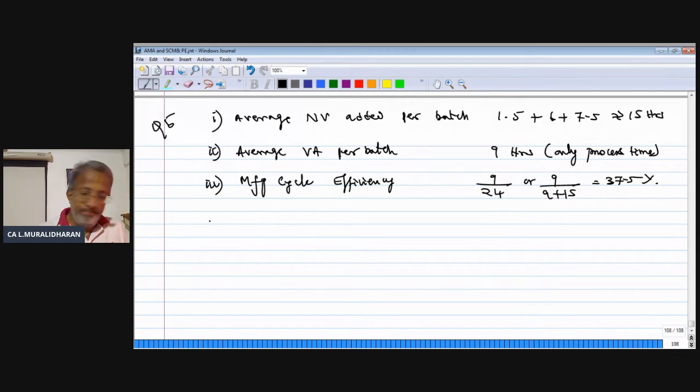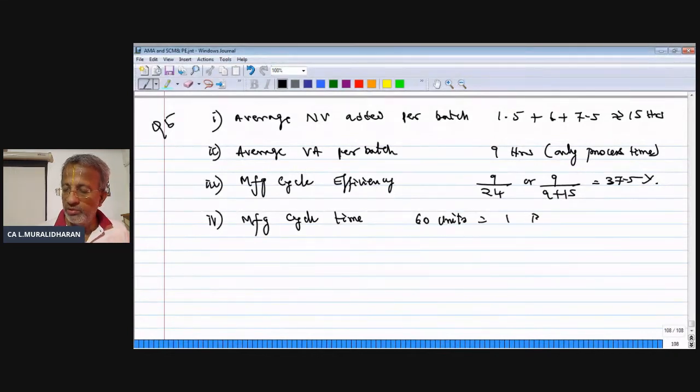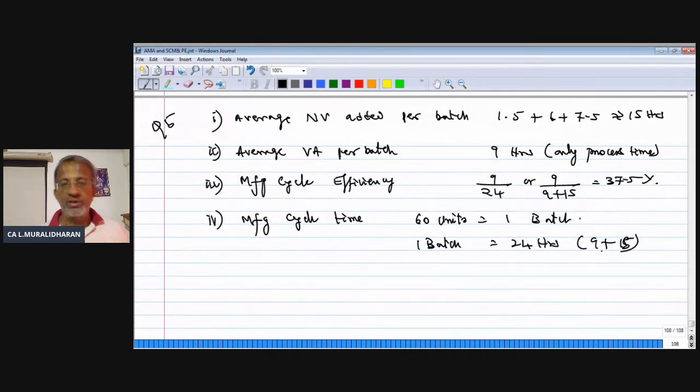Then item number 4, manufacturing cycle time. We have mentioned 60 units equal to 1 batch. 1 batch is equal to 24 hours. How come? 9 plus 15, don't consider in a day we are having 24 hours, not that. 9 plus 15, 24 hours.